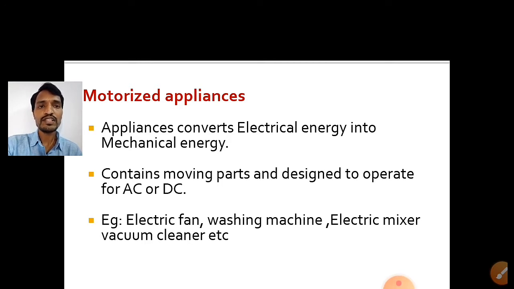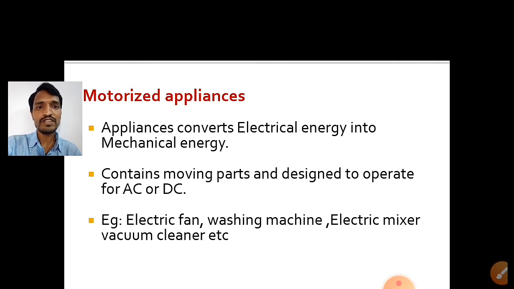These motorized appliances contain moving, rotating parts and are designed to operate on AC or DC. This can be operated on either AC or DC power supply.